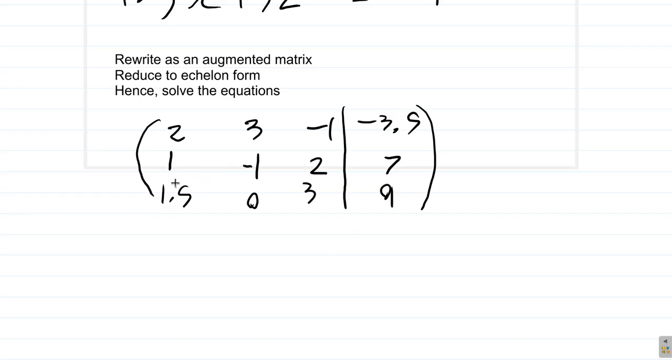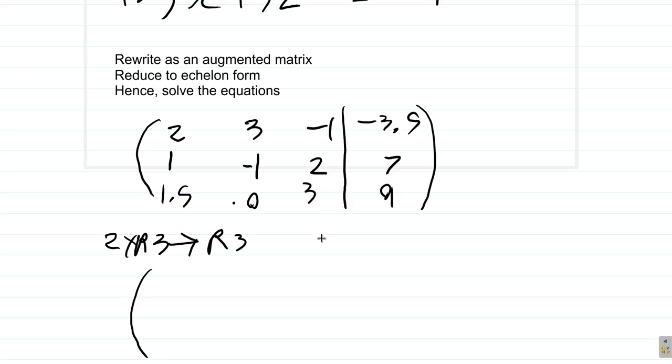What we can do, let's multiply row 3 by 2, so 2 times row 3 gives us one new row 3. Let's try and get rid of these decimal points, because they can cause confusion.